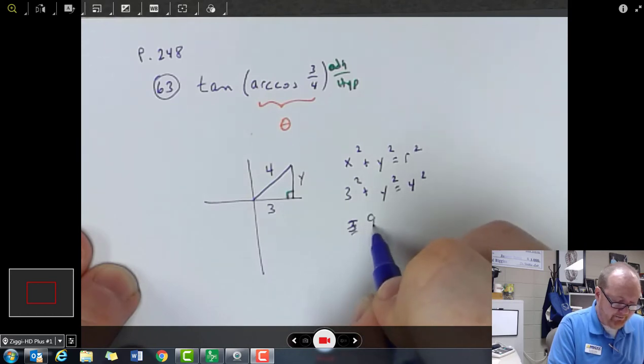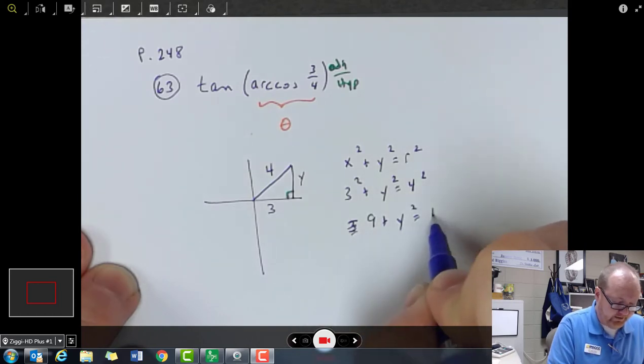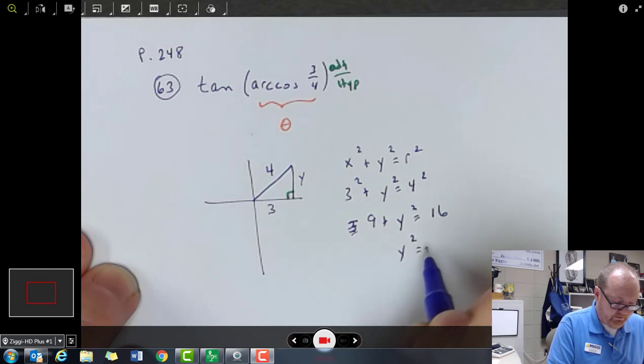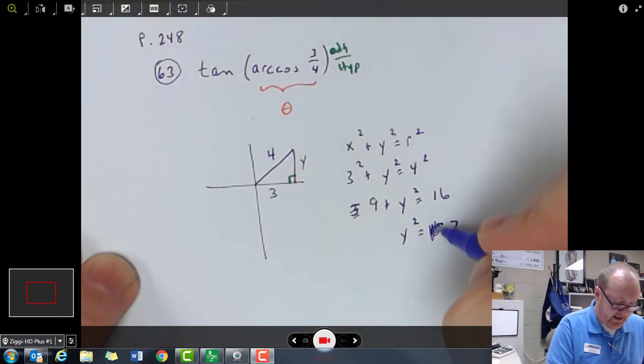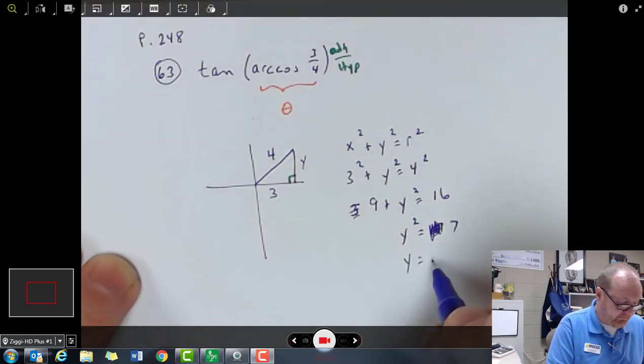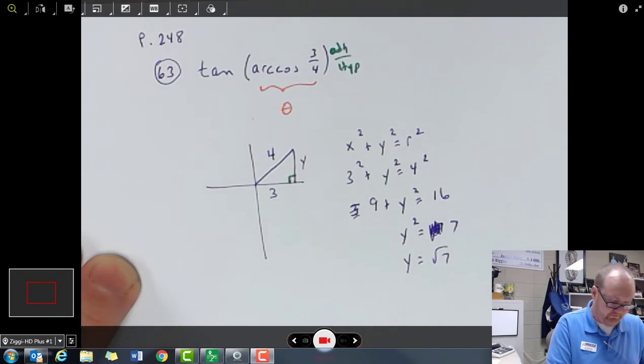So I end up with 9 plus y squared equal to 16. Y squared then is equal to 7, and then y is a positive square root of 7.